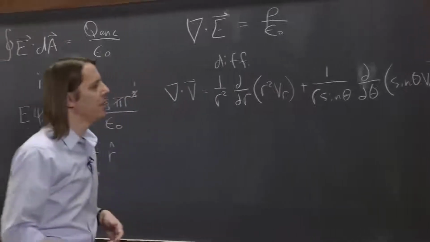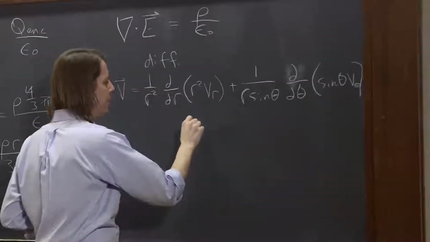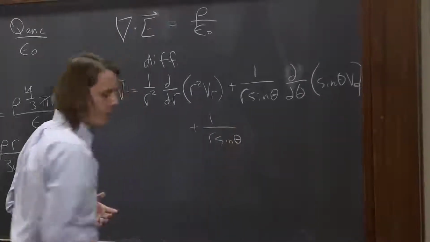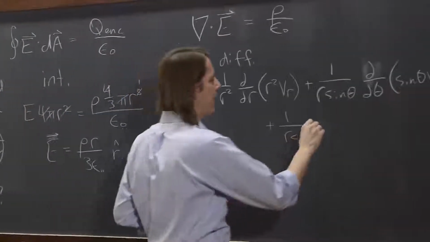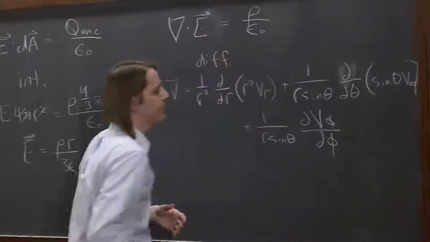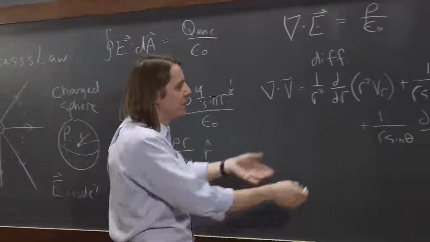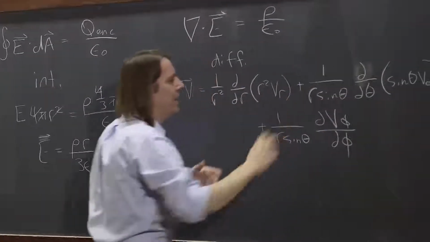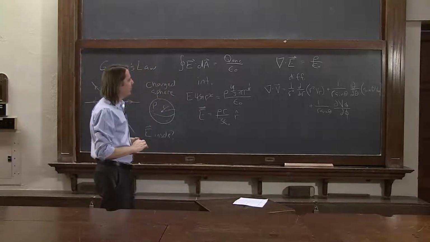Like that for one angle, and then there's a third term for the third angle, plus 1 over r sine theta times d V_phi d phi. Those are the three terms. It kind of looks like in Cartesian, where you had an x part, a y part, and a z part. It's just much, much more complicated. Okay? But let's try to apply it.